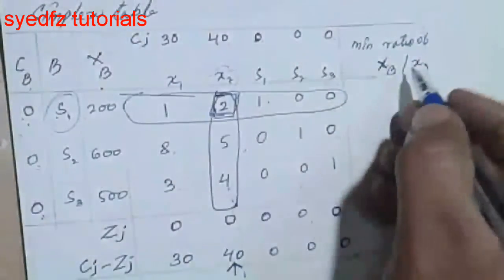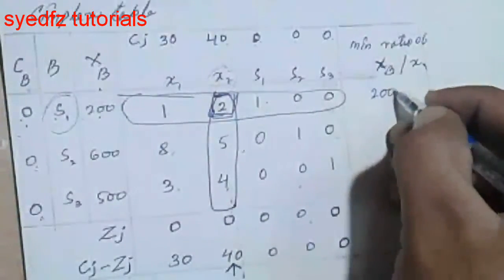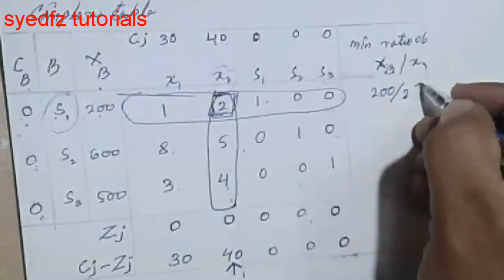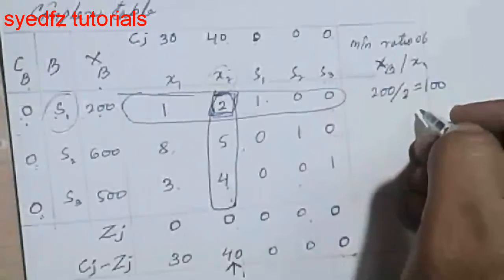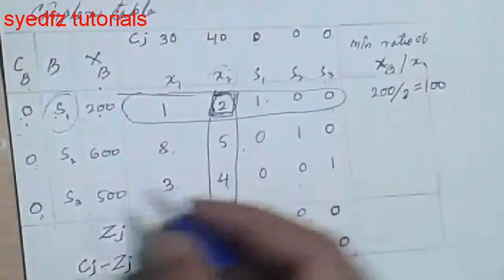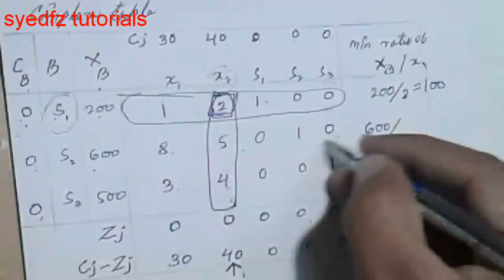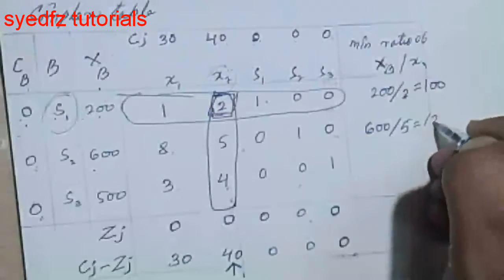How do you take it? XB is 200. Take 200 divided by 2. We will get the answer 100. Now this is 600. 600 divided by 5, how much will we get? 125.